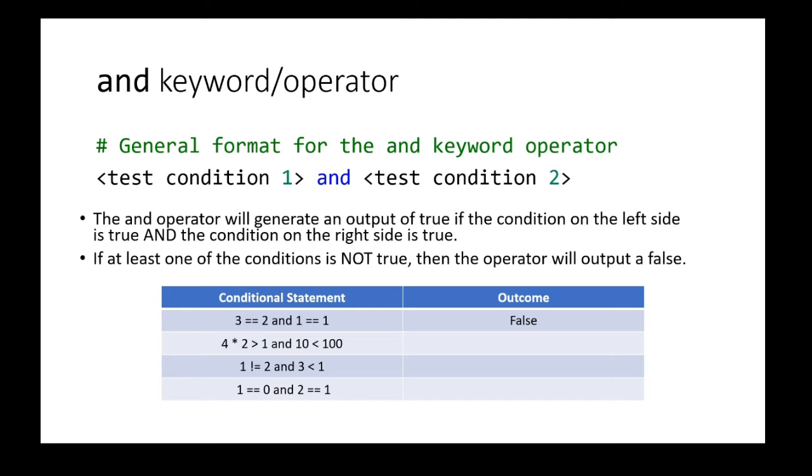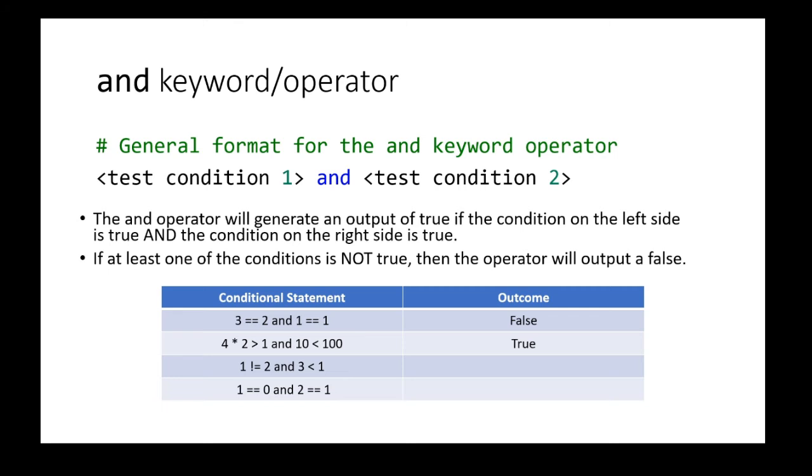For the second case, we have 4 times 2 is greater than 1, that's true, and we have 10 is less than 100, that's true. So the left is true and the right is true, therefore the output will be true. For the third case, 1 does not equal 2, that's true, and 3 is less than 1, which is false.